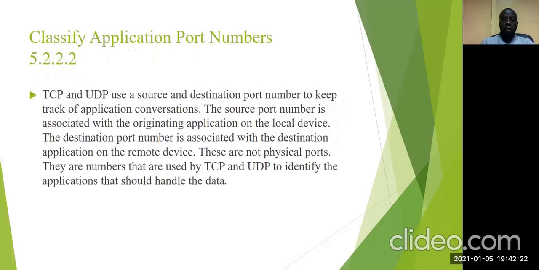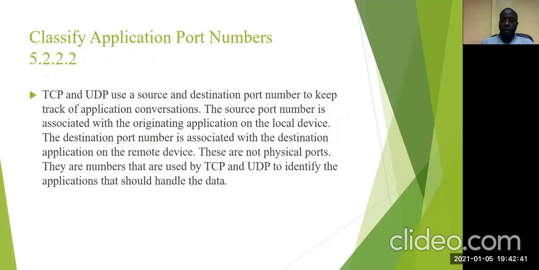TCP and UDP use source and destination ports to keep track of application conversations. The source port number is associated with the originating application on the local device. The destination port number is associated with the destination application on the remote device.